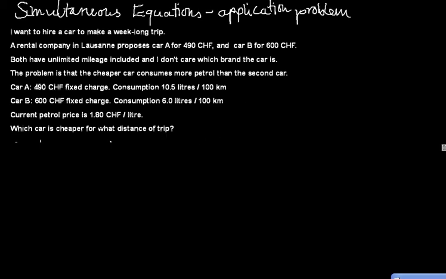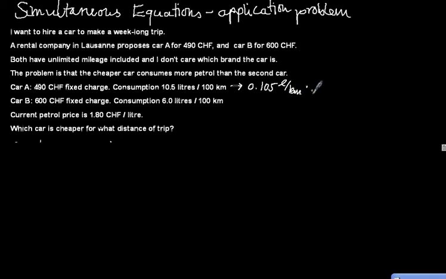So, let's first do a little bit of work concerning that information here. If it's 10.5 litres per 100 kilometers, I need to divide by 100 to get 0.105 to get the consumption for just 1 kilometer.